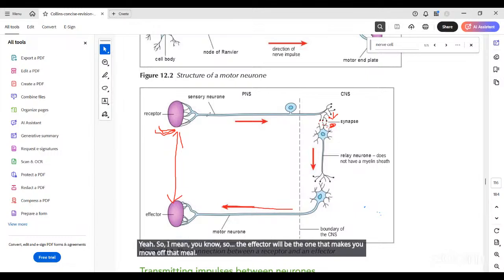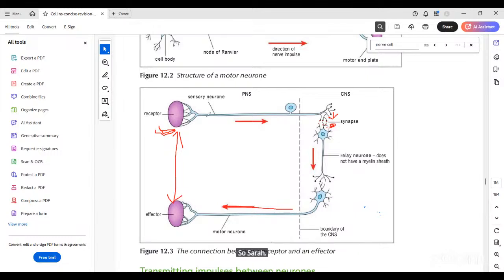So the effector responds to the message, the electrical impulses. So the effector responds to the stimulus. Yes, the effector responds to the stimulus.